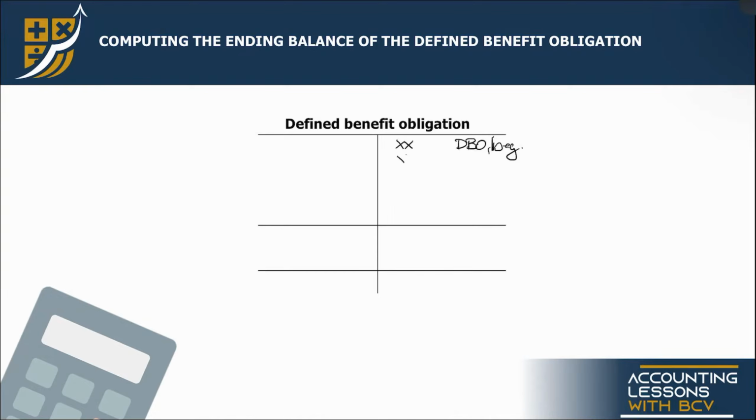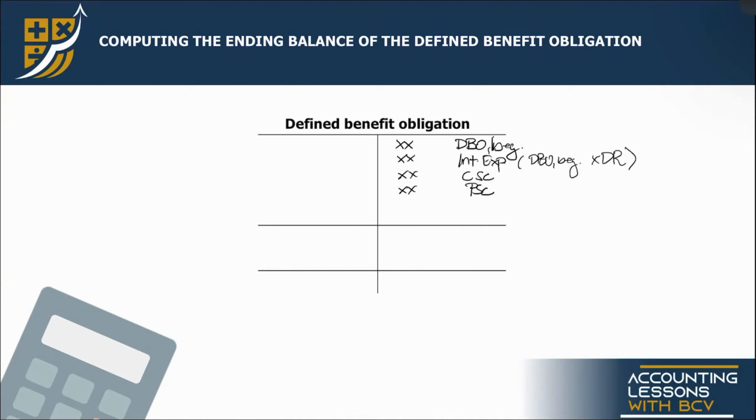The second component, that will be your interest expense. So tandaan nyo, ang interest expense, paano kino-compute? DBO beginning multiplied by the discount rate. Okay? Next, papasok sila current service cost, past service cost. Okay? Papasok yan sila.